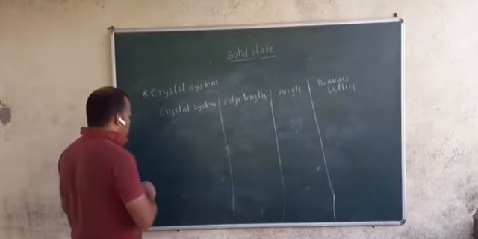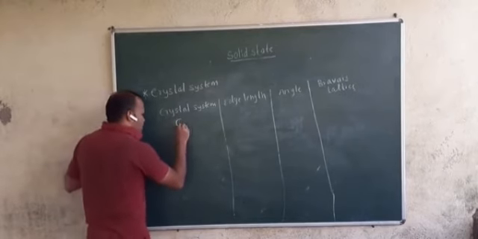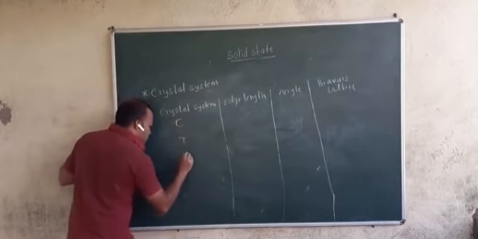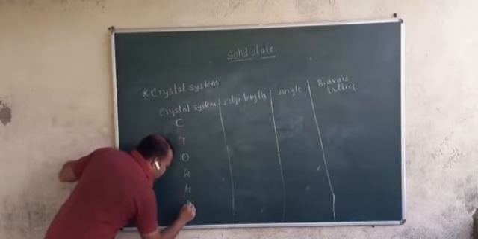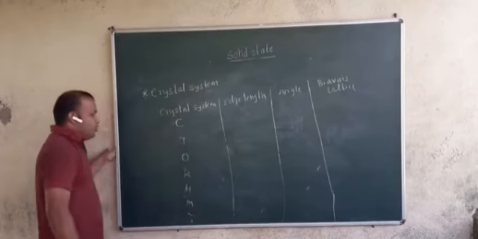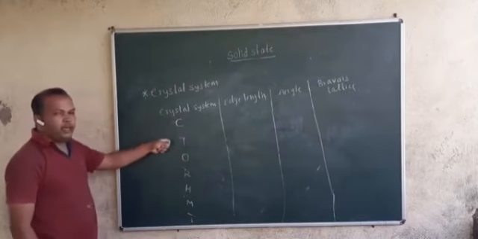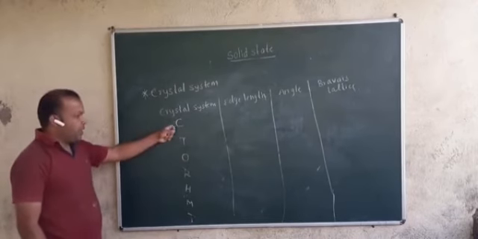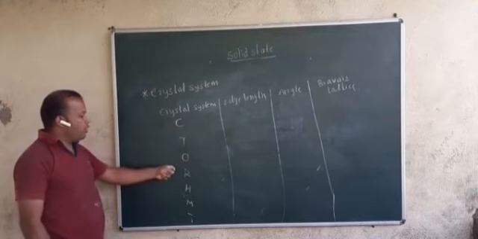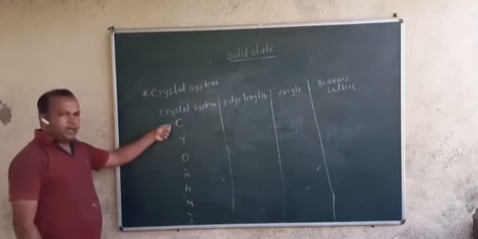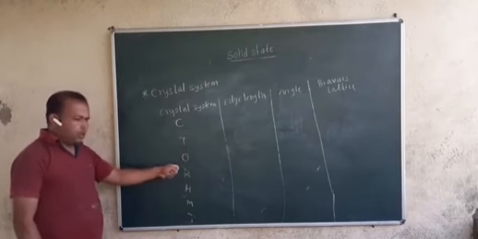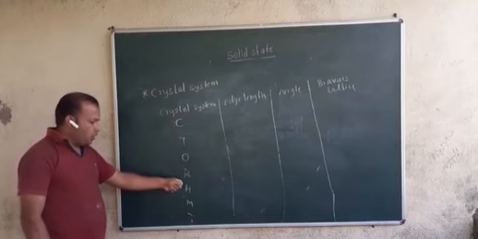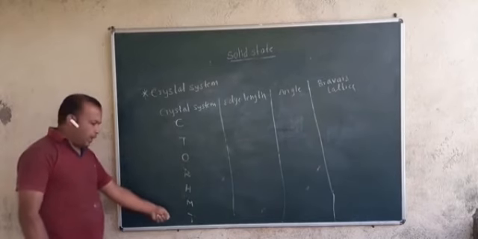trick for this. You need to remember this C-T-O-R HMT. C-T-O-R, HMT. Cubic, tetragonal, orthorhombic, rhombohedral, hexagonal, monoclinic and triclinic.